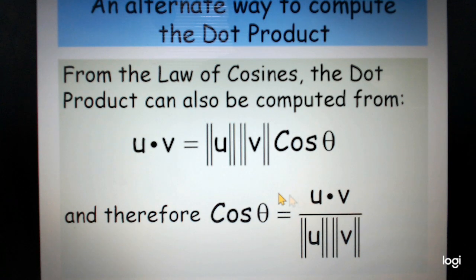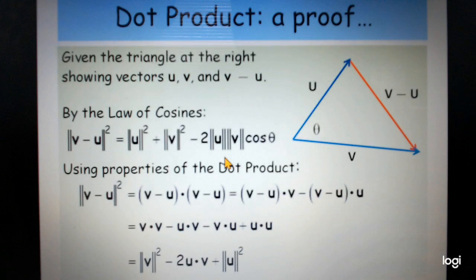Now, you're probably thinking, where did this come from? Let me show you. It comes from the law of cosines, and again, I have the philosophy that if you understand where something comes from, it gives you a better understanding of it. Okay, so here we go. Vector U and vector V meet at an angle theta. So they have a common beginning.